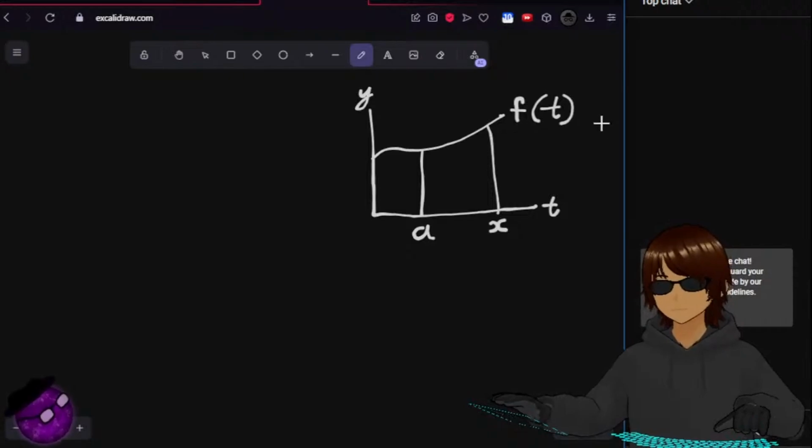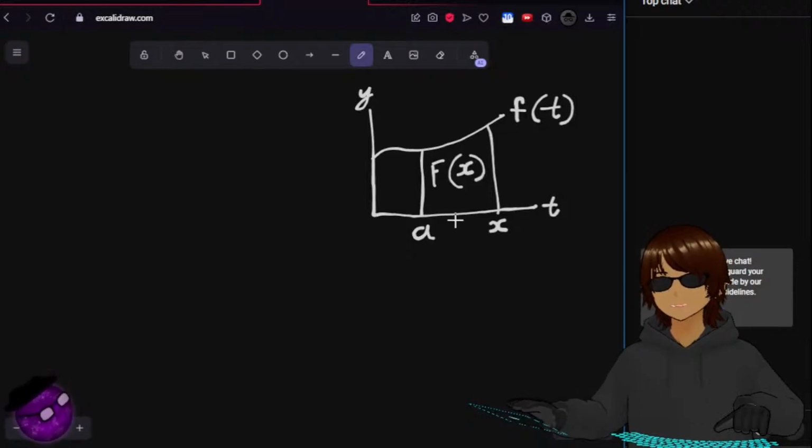Okay, so this area over here is capital F of x, and then x is a variable.